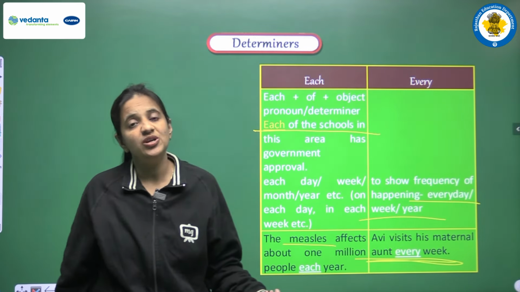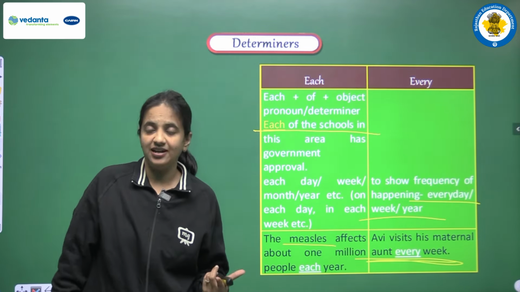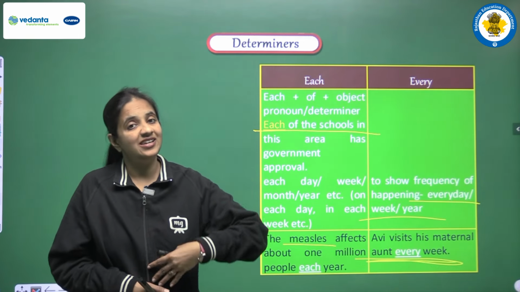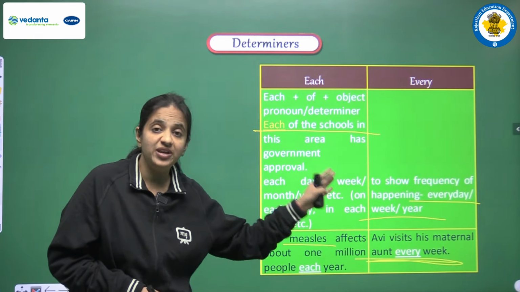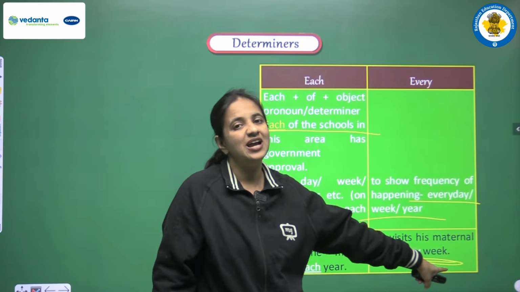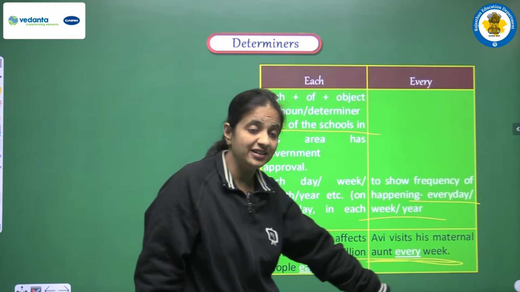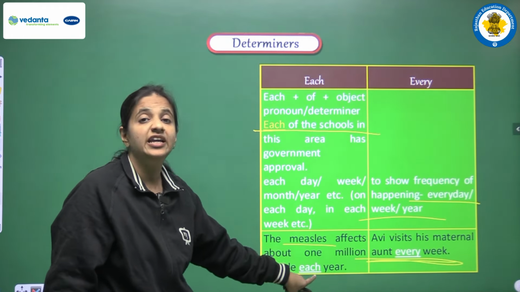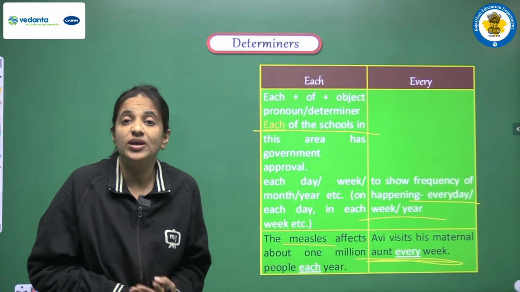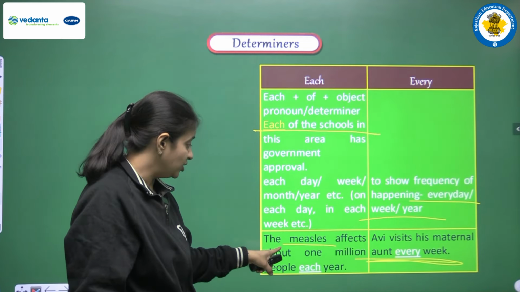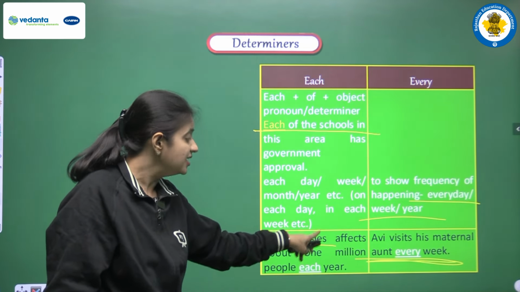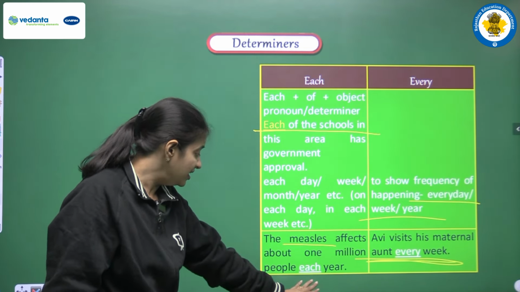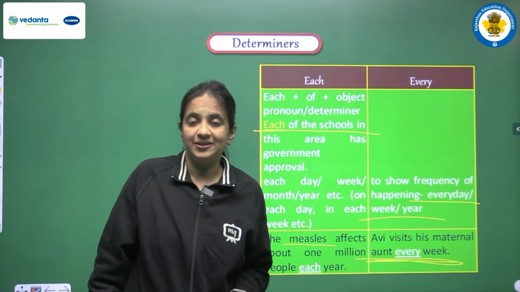Okay, so ये काम जो है अपने maternal aunt को visit करना, ये frequently हो रहा है, ये repeatedly हो रहा है, every week हो रहा है. So this is the reason we are using every here in this sentence. But here we are using each. Why? Because हम frequency नहीं बता रहे हैं, but we are trying to say that this disease measles affects about 1 million people each year. Clear?